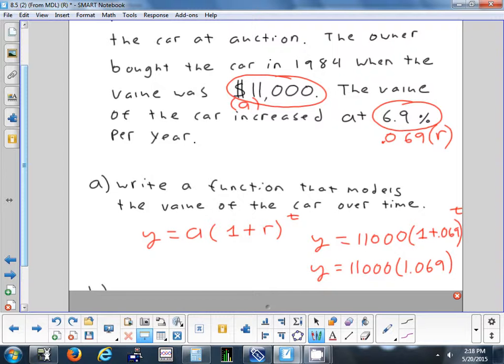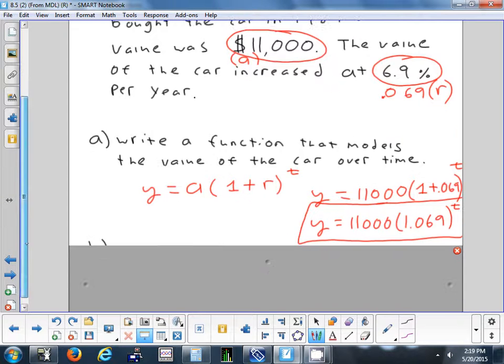Okay, so on a test, I'd like you to add those two things up. 1 plus 0.069 is 1.069 to the T. That's all they want for part A. Okay, any questions on this equation? No. Initial amount, rate, and all we did was add them up.